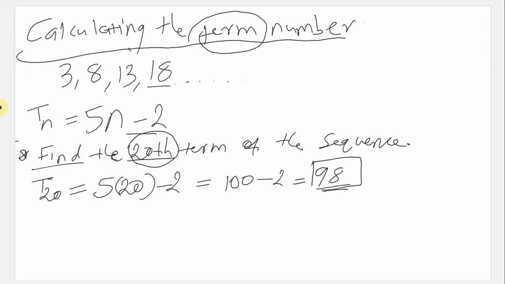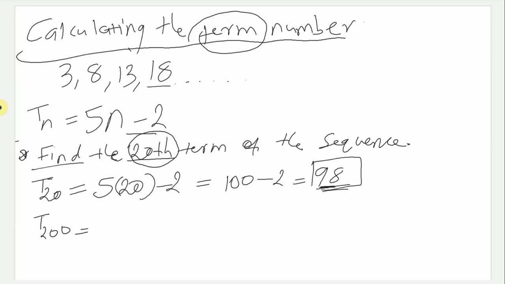So that is the term number 20. If I was to write all the terms of this sequence up to the term number 20, I would land on 98. But since this would take us the whole day, that is why we use the rule. So I can again calculate T200.